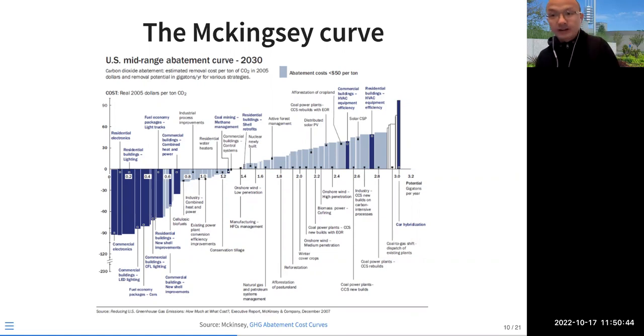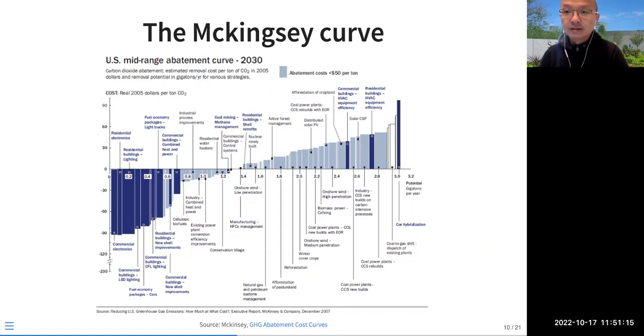So with this, each plane, or you can see here, it has a cost and it has how much it can reduce it, and you rank the technologies from the lowest cost to the highest cost, abatement cost, and that adds the accumulative mitigation potential.